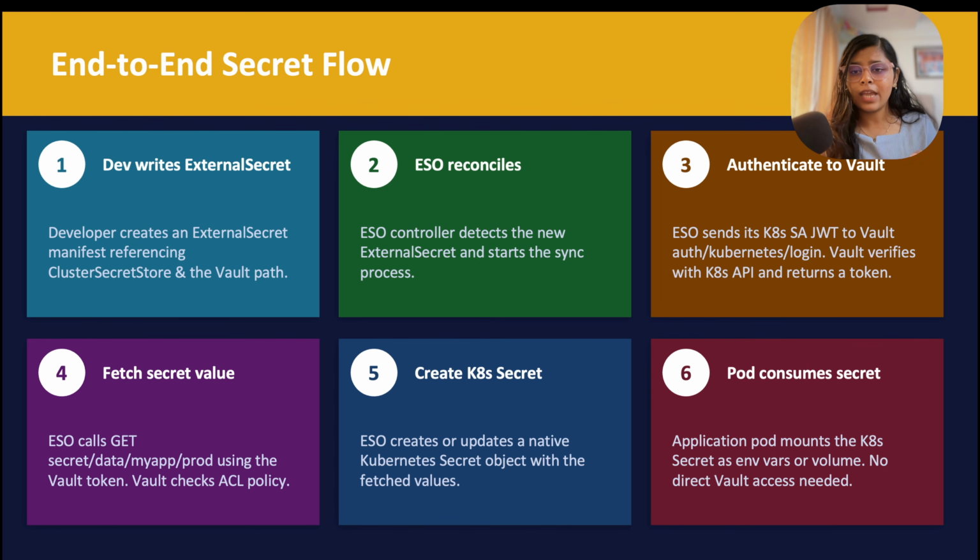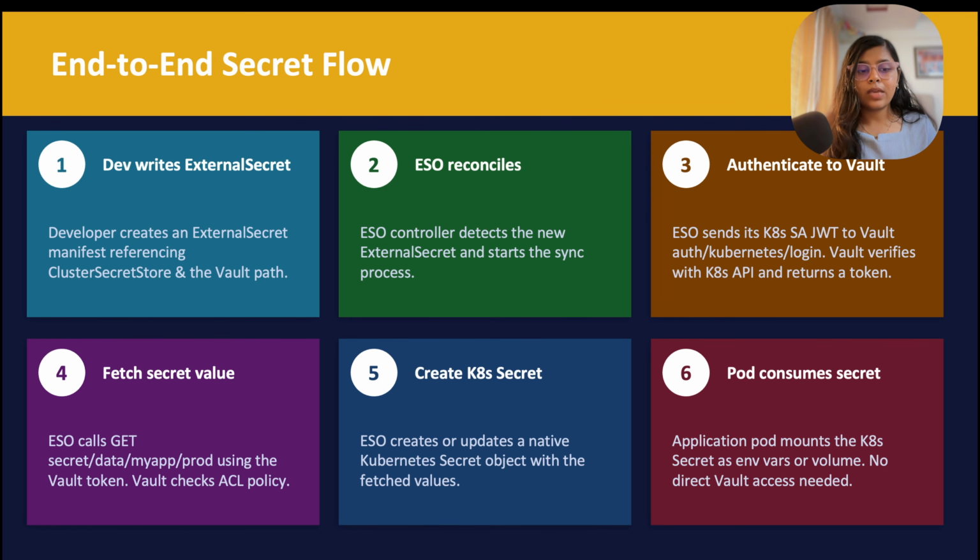Next thing ESO does is, it first tries to authenticate. For authentication, it might go with a service account. If service account authentication is defined, ESO will authenticate via that particular token. Otherwise, it will go for the vault token. Simple. Once the authentication is done, it will then go for fetching the secret values.